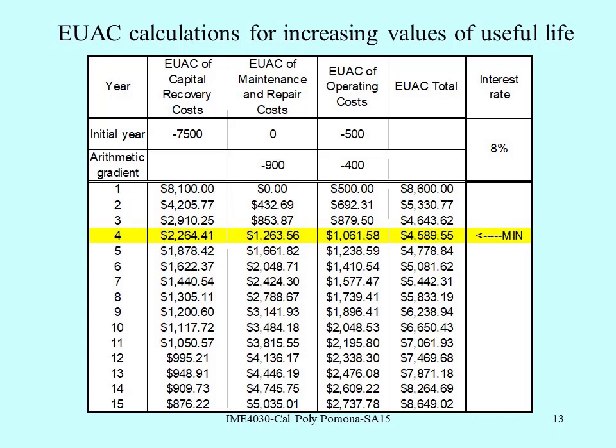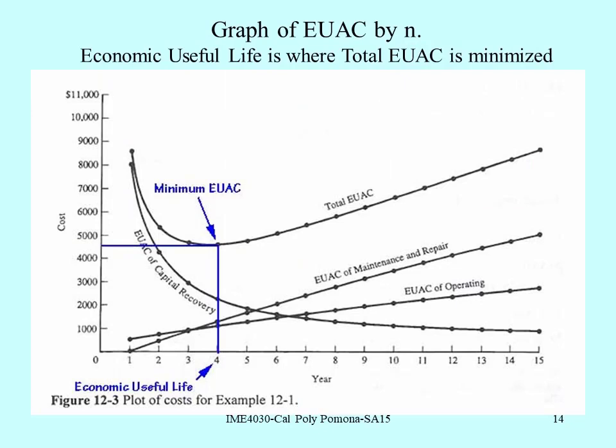Well, let's go to slide number 14. Sometimes the graphical look at this same data really drives the point home. If you look at each of the years along the x-axis, it shows the individual values for each of the 3 types of costs, the EUACs, and then the total EUAC. The top curve shows you the EUAC after adding up each of the components.